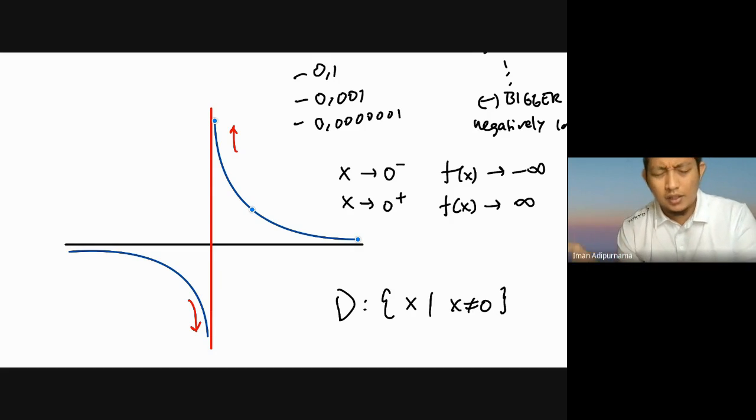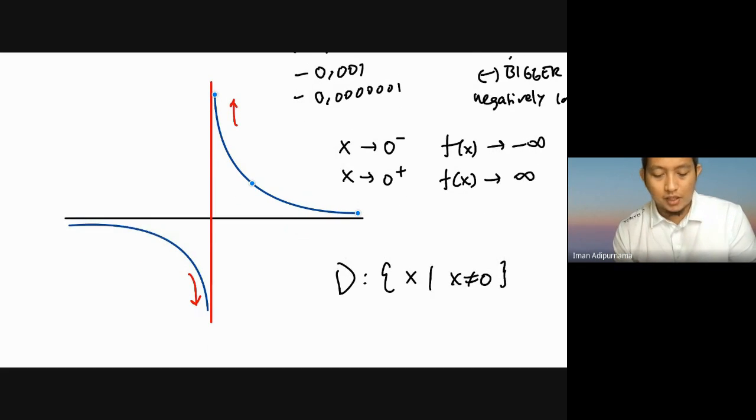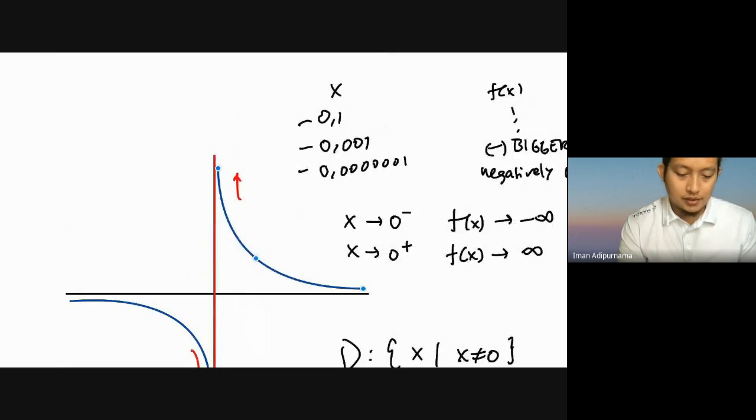But there is another kind of asymptote, not that similar to this one, where the graph can cross the asymptote. It can be. I will explain later on. For example, something like this. This graph will be like this, and it's going like that.